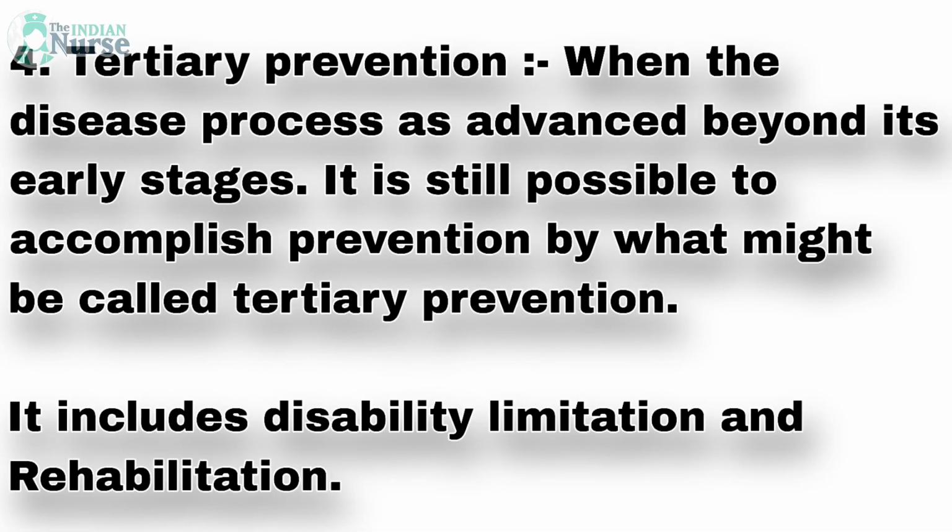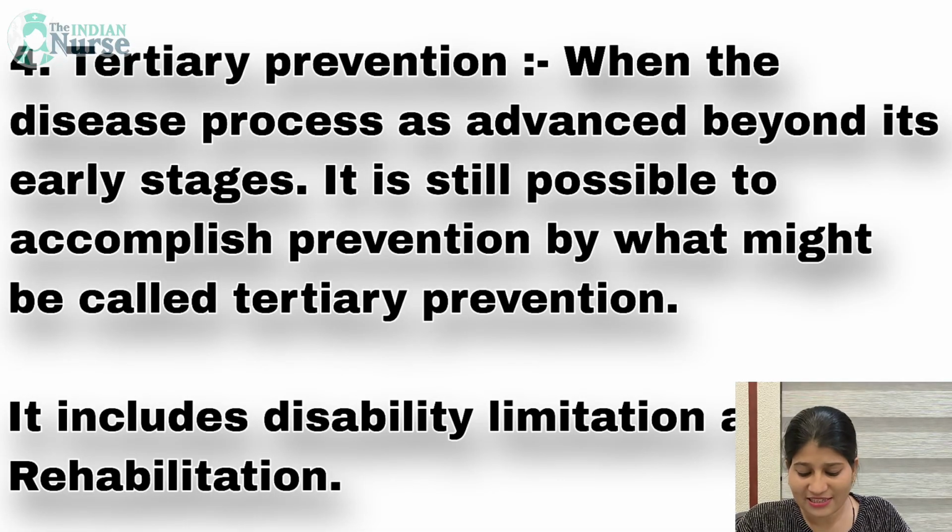Next one is tertiary prevention. When the disease process has advanced beyond its early stages, it is still possible to accomplish prevention by what might be called tertiary prevention. In primordial prevention the disease has not yet occurred.